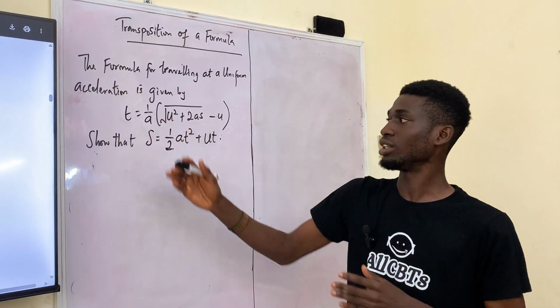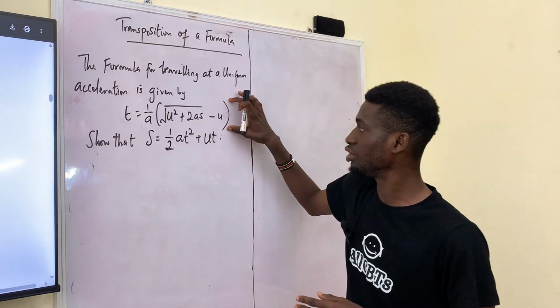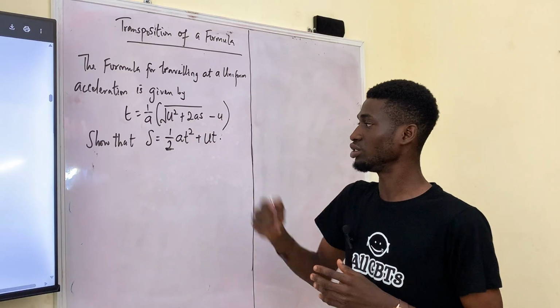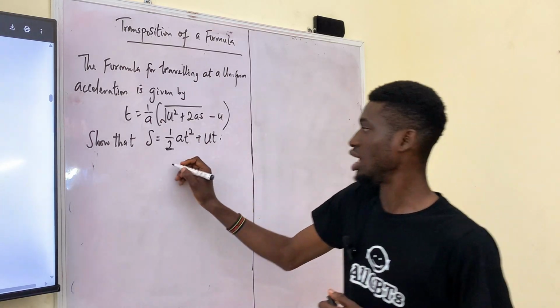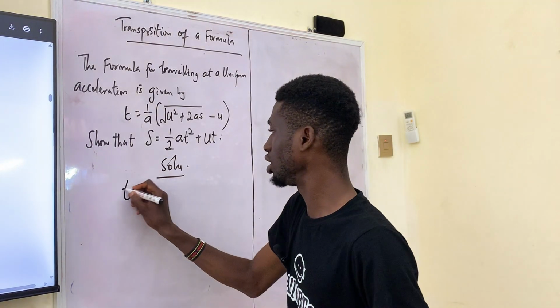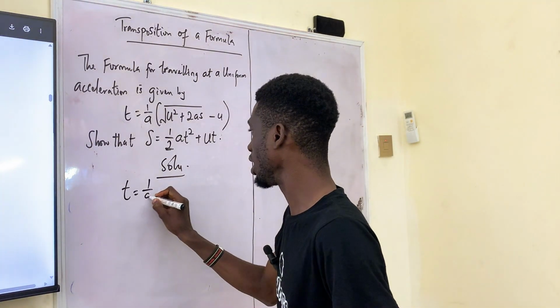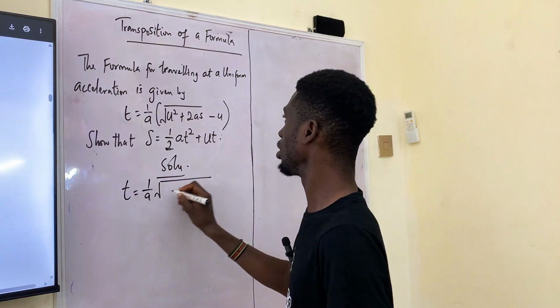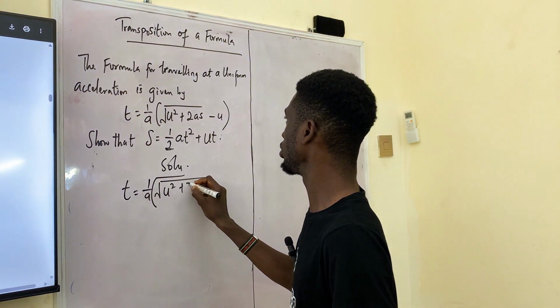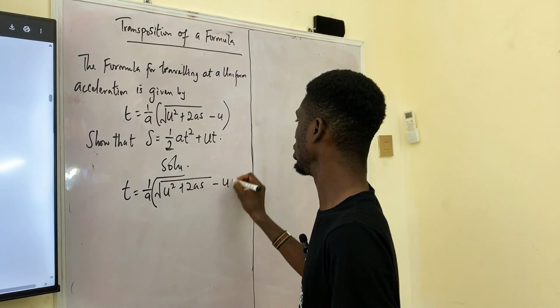So we are to make this formula look exactly like this. It's not that hard, so let's crack it as a listing solution. So I have t equals 1 over a, open bracket, square root of u squared plus 2ax minus u.